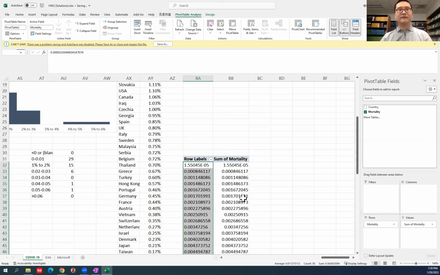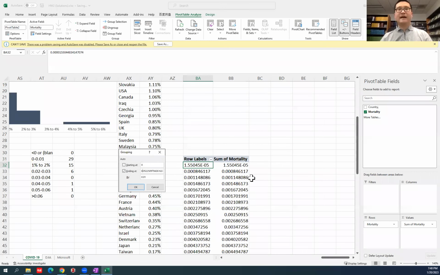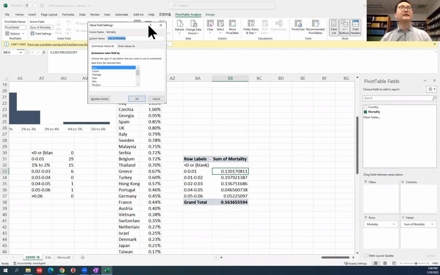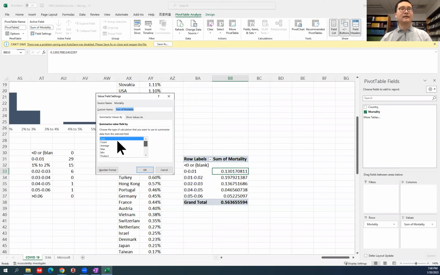Okay, now we immediately have this table, but for the values, instead of a count, we had sum by default. We can change this if we go to the pivot table fields and click this value area and adjust the value field settings, from sum in the summarize values by, to count.